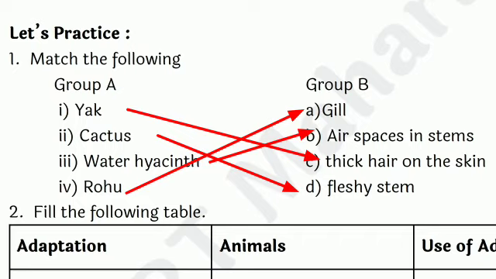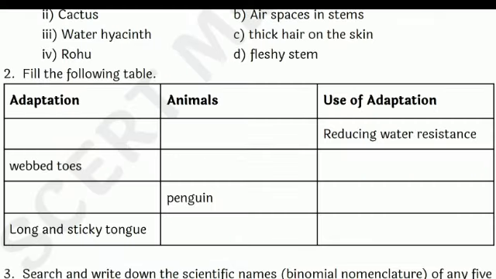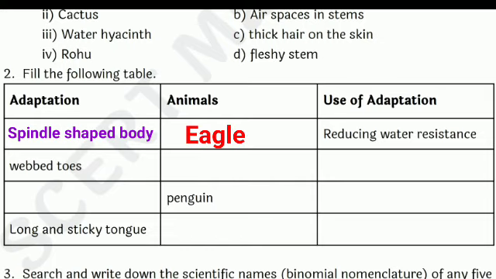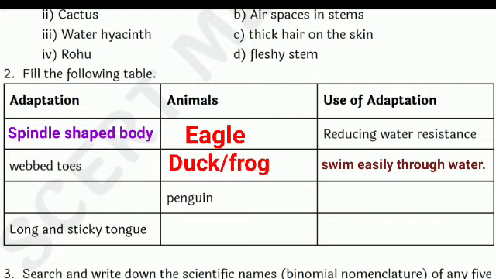See the next question. Fill in the following table: adaptation, animals, use of adaptation. First, spindle-shaped body, animal eagle, use is reducing water resistance. Next, webbed toes, animals duck and frog, use is to swim easily through water.